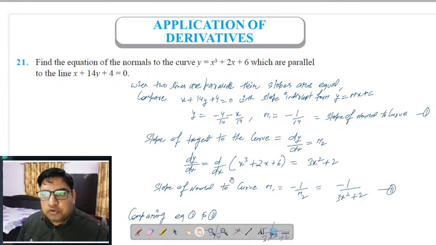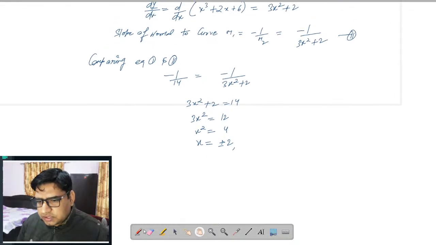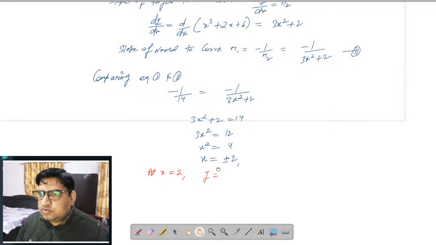Okay, so we get value of x is equal to plus minus 2, and we need to find the equation of normals to the curve. So equation of normal to the curve at x is equal to 2. Okay, so we will simply find the value of y coordinates here. At x is equal to 2, y is equal to, so the curve is x cube plus 2x plus 6.